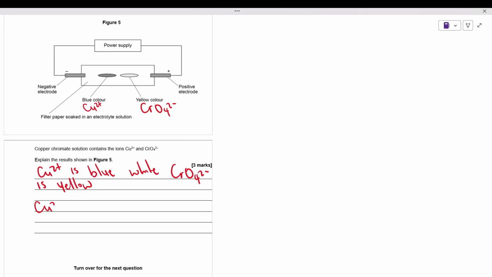So that Cu2+ moves to the negative electrode, and our chromate moves to the positive electrode.